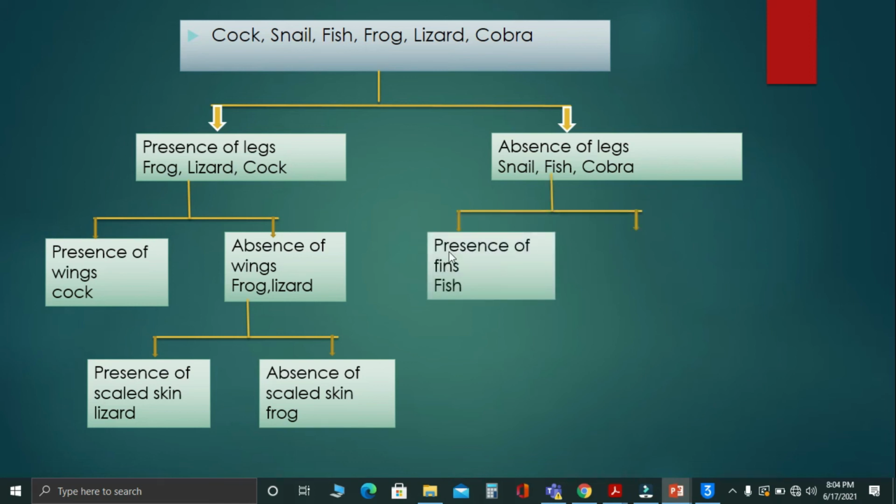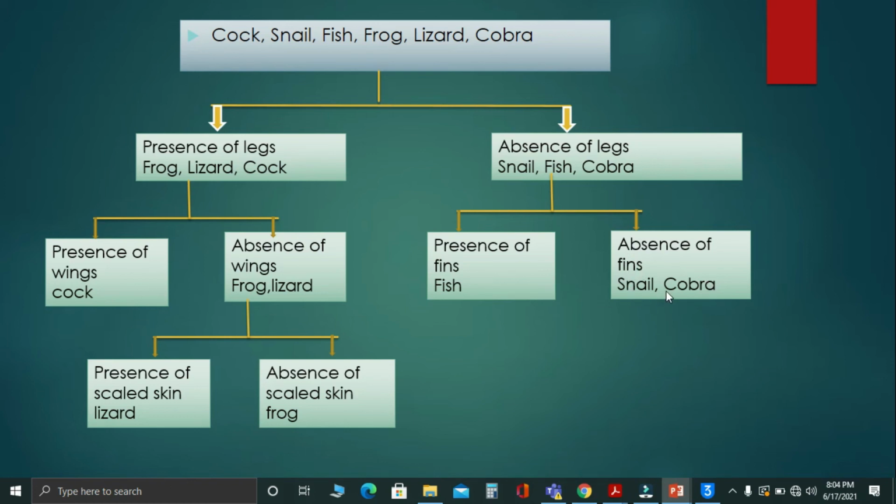Presence of fins. Here I use the feature of fins. Fish have fins, so fish come to this group. On the other side, absence of fins, snail and cobra do not have fins, so they belong to this side. Now fish, there is one animal remaining here, on the other side two animals.